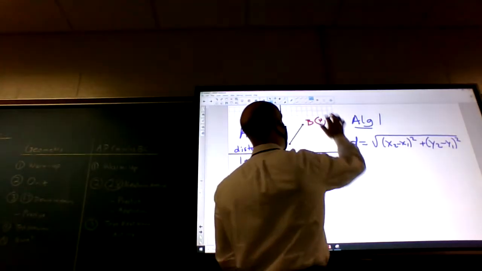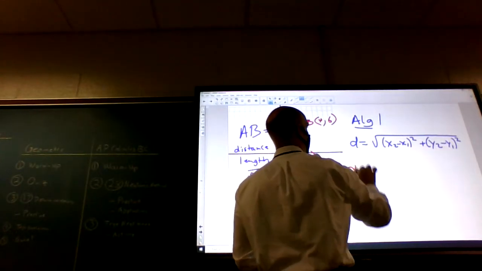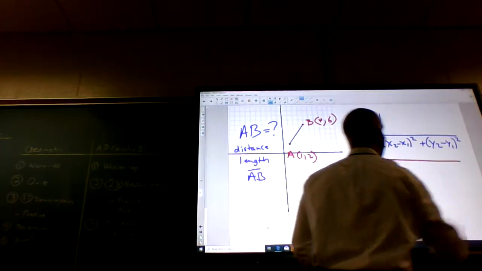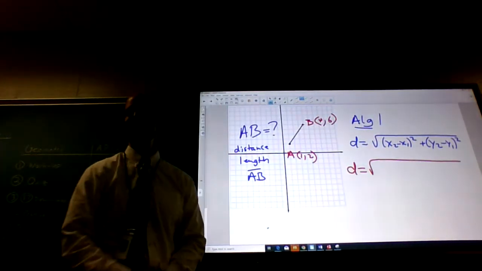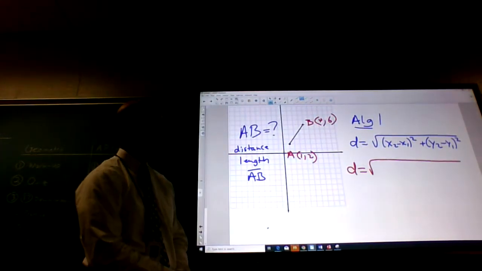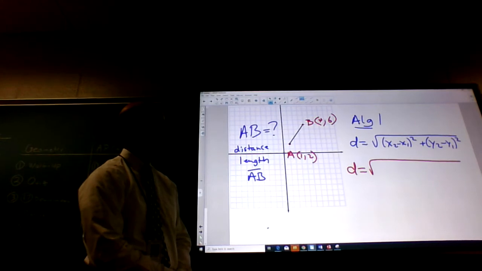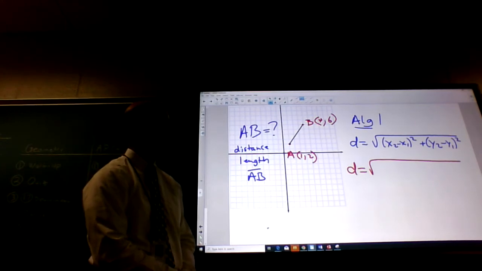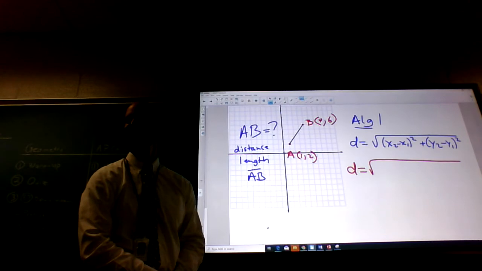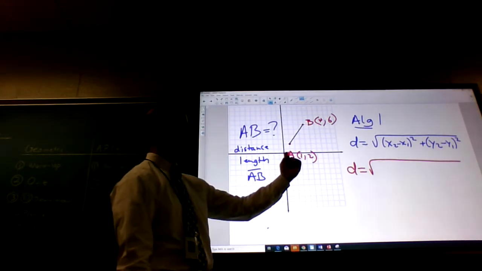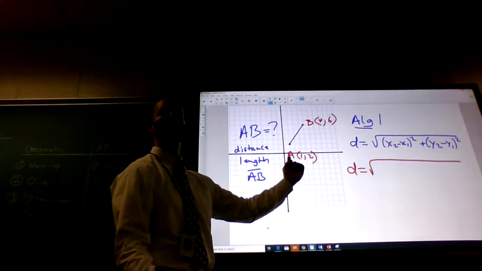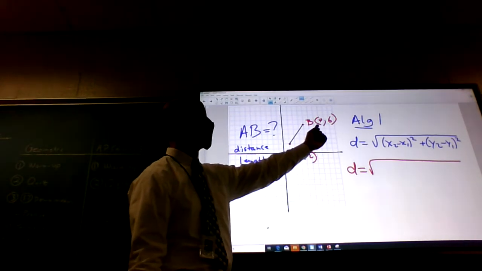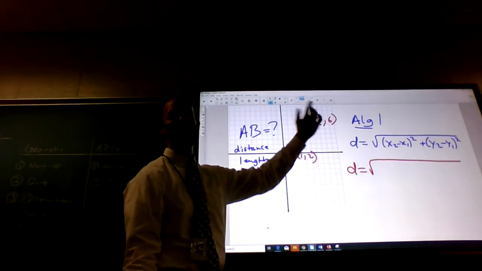Now I need you guys to help me. I feel like I'm the only one doing any talking here. What's x2? I think it's 4. If this is the first point, I'd say A is the first point, wouldn't you? And that's the second point. So what's the x value of the second point? I'd say it's 4.